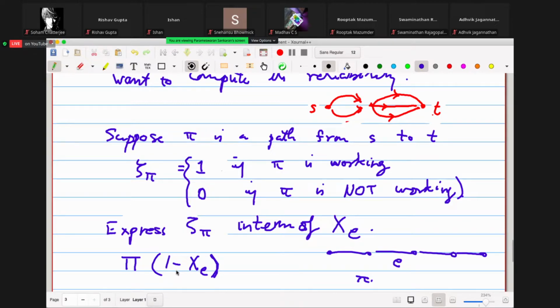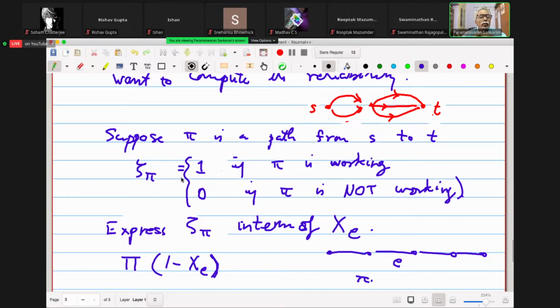So this one, let me say this. 1 minus xe. Do I want 1 minus xe or this? xe must work. All these are working. It must become 0 if one of them is not working.